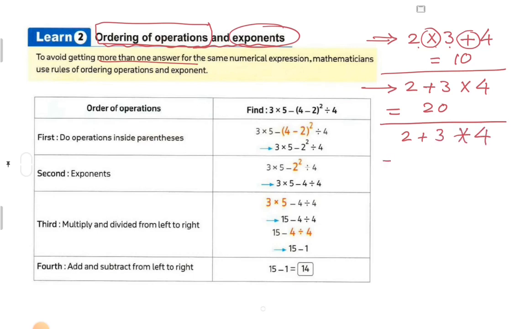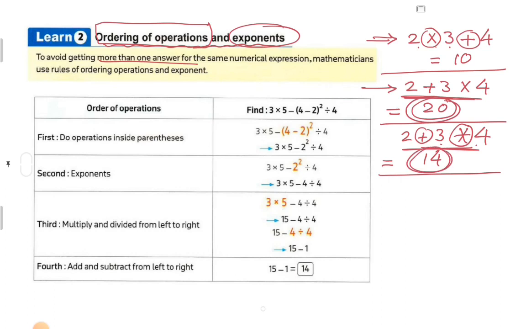If I use our order of operations, I start with multiply, then add. 3 by 4 equals 12, 12 plus 2 equals 14. Now we have the same question with a different answer.